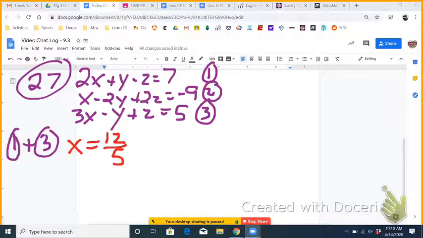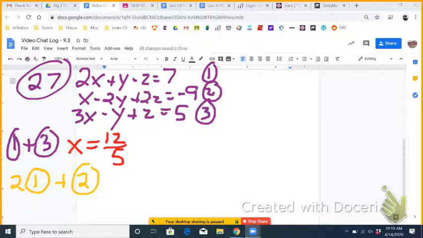Alright, so now let's add equations 1 and 2 together to try to eliminate z. So we're going to have to double equation 1 because there's a negative z.